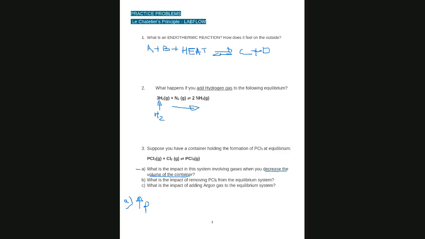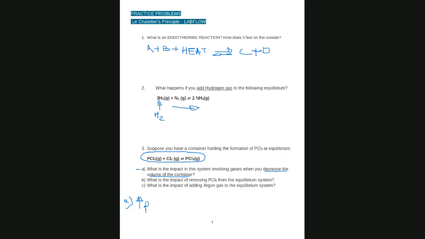If you have a system like this and you increase the pressure, in which direction is the system going to shift? There are only 2 directions, right? Right, left. Which one is the correct one? Le Chatelier says that it's going to move to the side with fewer total moles of gas.